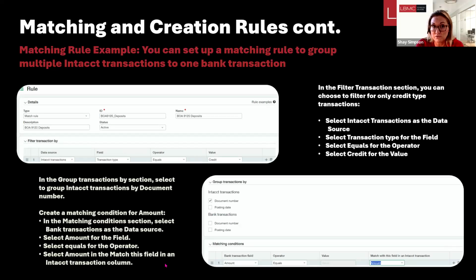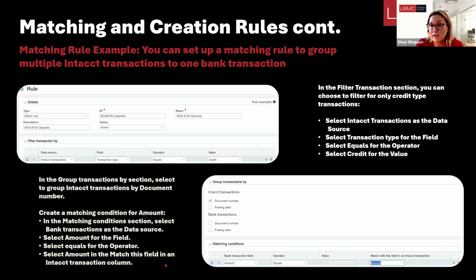Another type of matching rule that we can create is, for example, we may have a number of deposits that we have recorded individually in Intacct, but on the banking side, it hits as one lump sum.